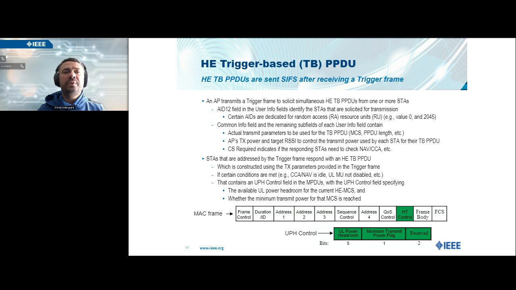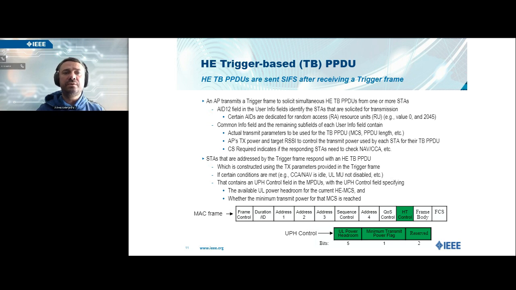This is done for multiple reasons, and one of the reasons is for the station to be able to just see what parameters to use and prepare the PPDU, as opposed to determining locally what is the optimal transmit parameter set that it needs to use to close the link with the access point. So you can think of the trigger-based PPDU as being prepared with the parameters determined by the recipient itself, as opposed to the traditional way where the transmitter determines the transmit parameters.